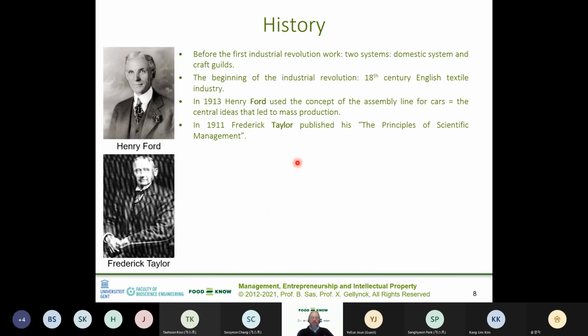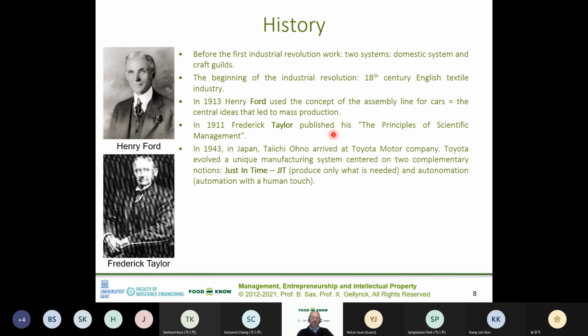You see Taylor here. It was very harsh, so it was just focusing on efficiency, and the workers were not very well taken care of. As I mentioned earlier, there were a lot of accidents. And then a next step was mid 20th century with the Toyota Motor Company, where they introduced some of the new operation management systems and concepts like just in time.